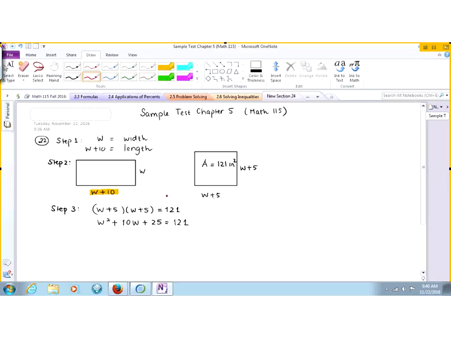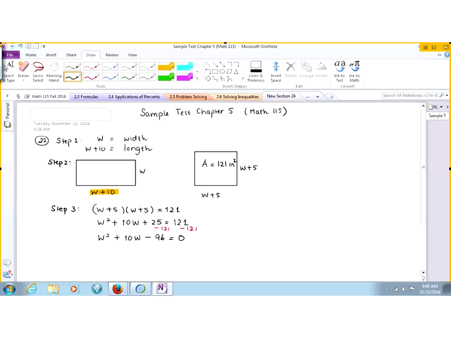Then what? Subtract 121 from both sides. So W squared plus 10W minus, what is 25 minus 121? Minus 96, equals 0.